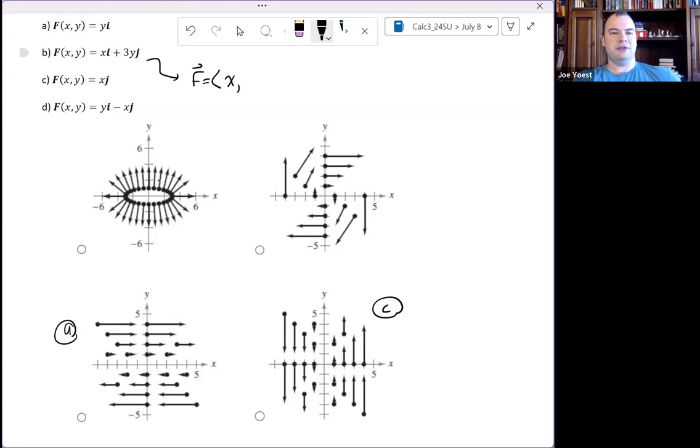So for B, I have x as the first component and 3y as the second component. So what does this mean? Well, this means that when my anchor point has an x coordinate that is farther to the right, more positive in the x direction, it has a larger first component, a larger horizontal component pointing to the right.